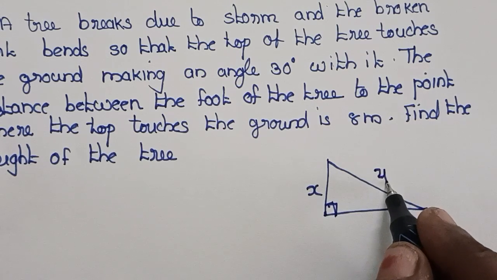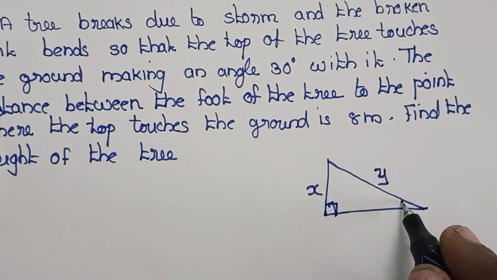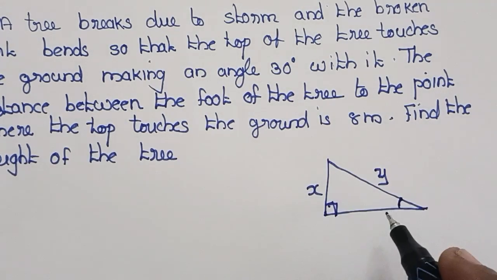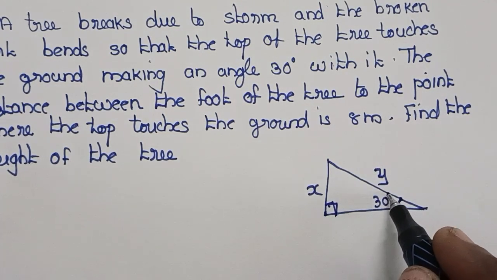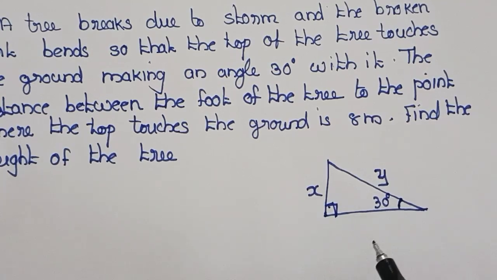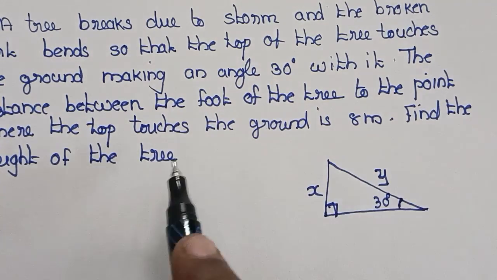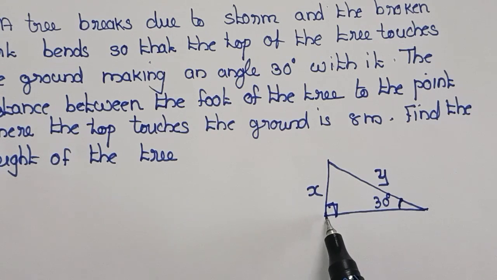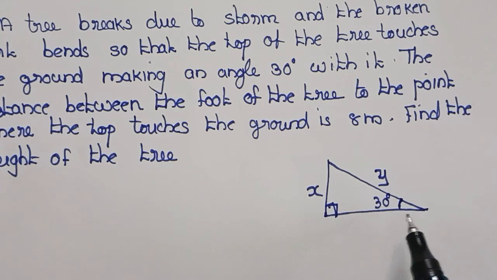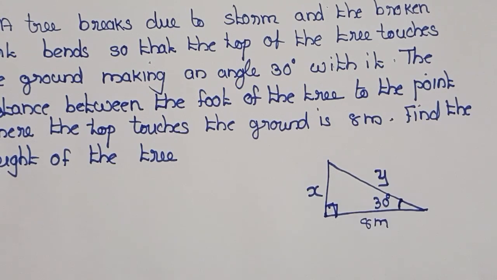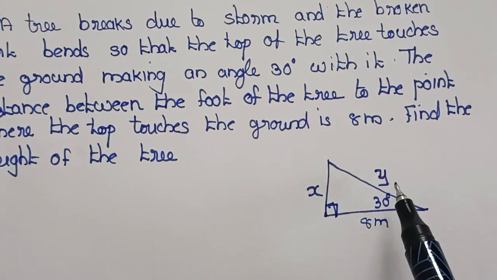Here x plus y is the height of the tree and the broken top makes an angle of 30 degree with the ground, isn't it? This is given. The distance between the foot of the tree to the point where the top touches the ground is given as 8 meter. Find the height of the tree, that is, we have to find x plus y.